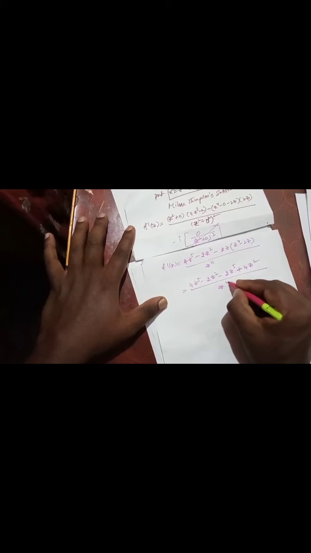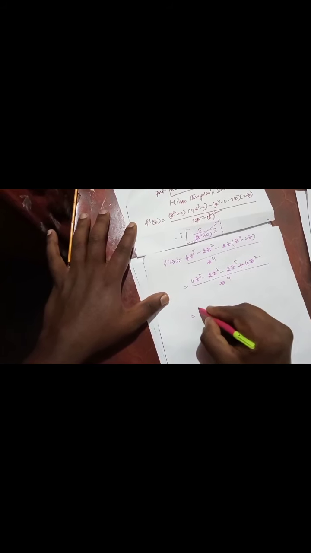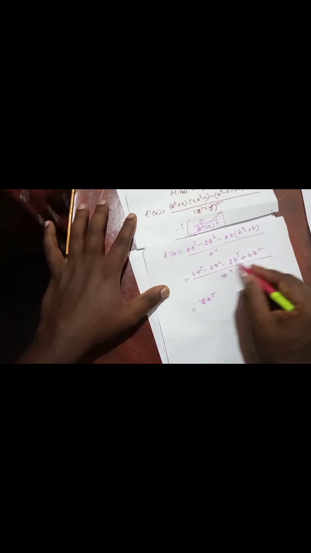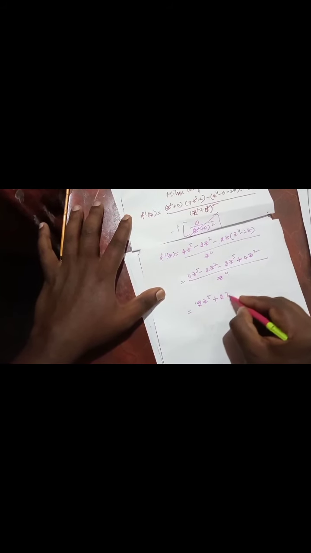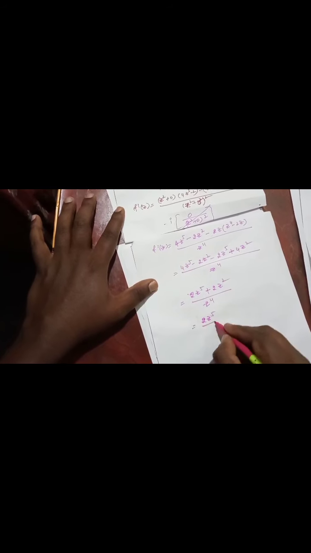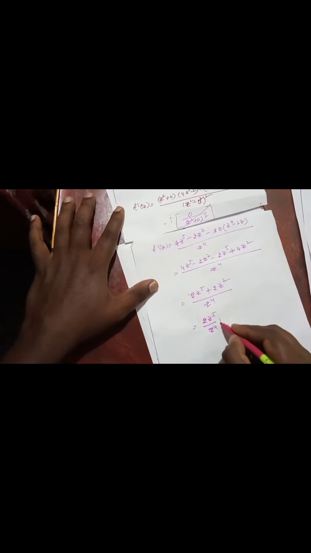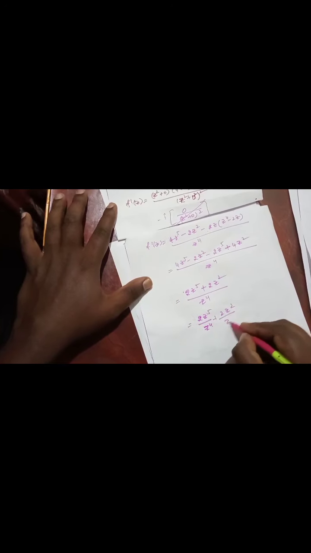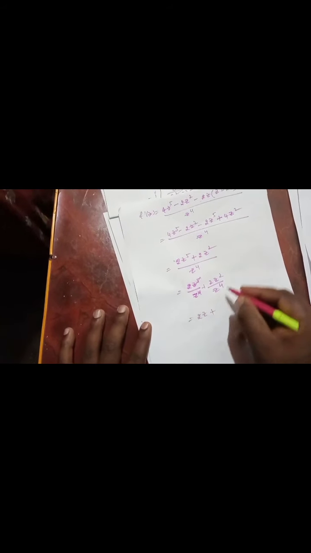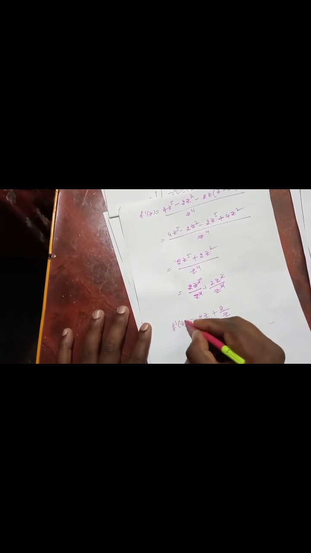So 4z power 5 minus 2z power 5 is 2z power 5, and minus 2z square plus 4z square is plus 2z square, all divided by z power 4. If we divide by z power 4 individually, 2z power 5 by z power 4 leaves 2z, and 2z square by z power 4 gives 2 by z square. This is our f dash of z.